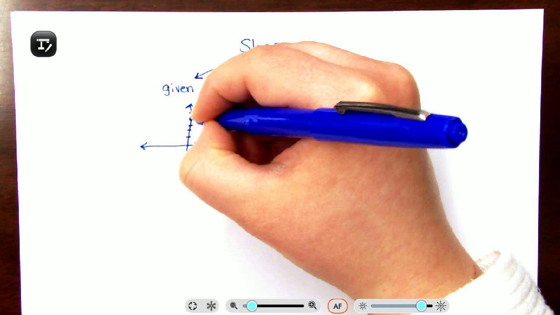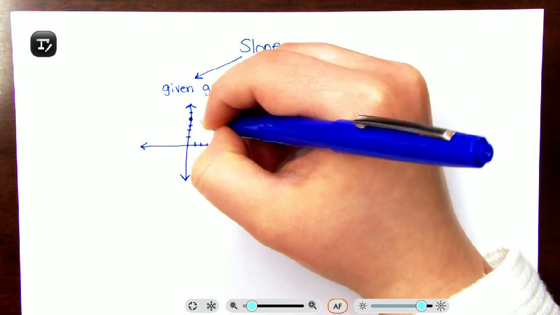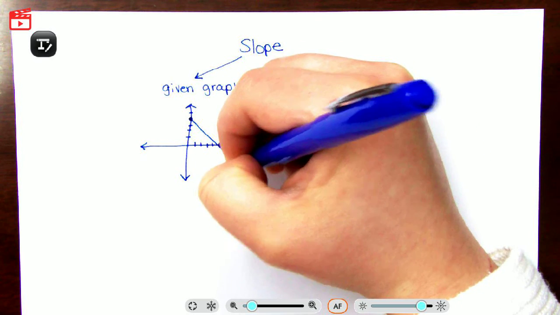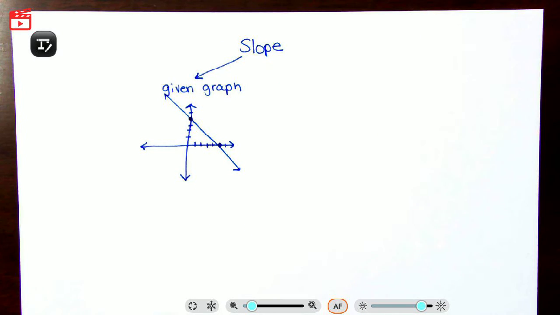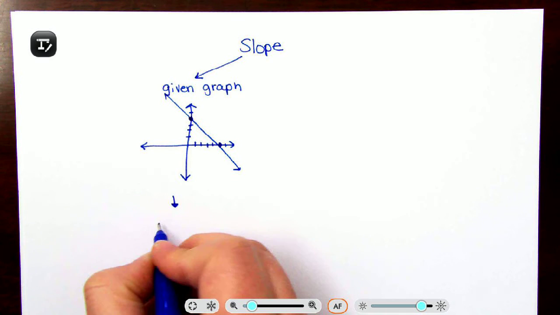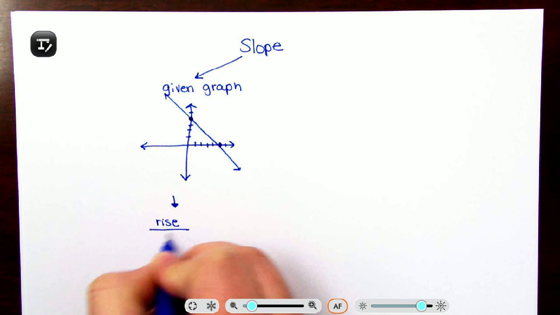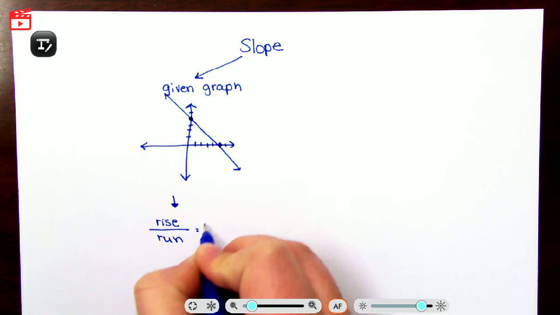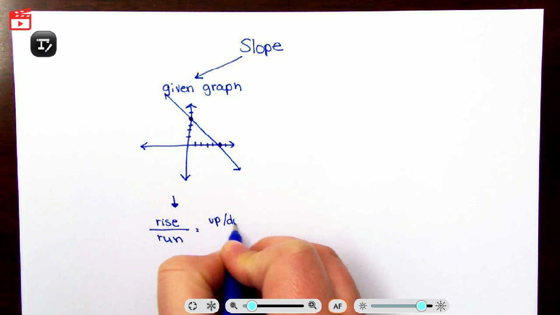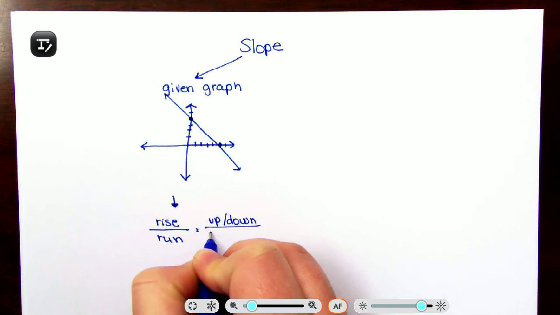Let's say here and here. So you have a line and you have 2 points. If the question is asking you to find the slope, then you need to use what we call rise over run. In my class, we do up down, and then we do left right.